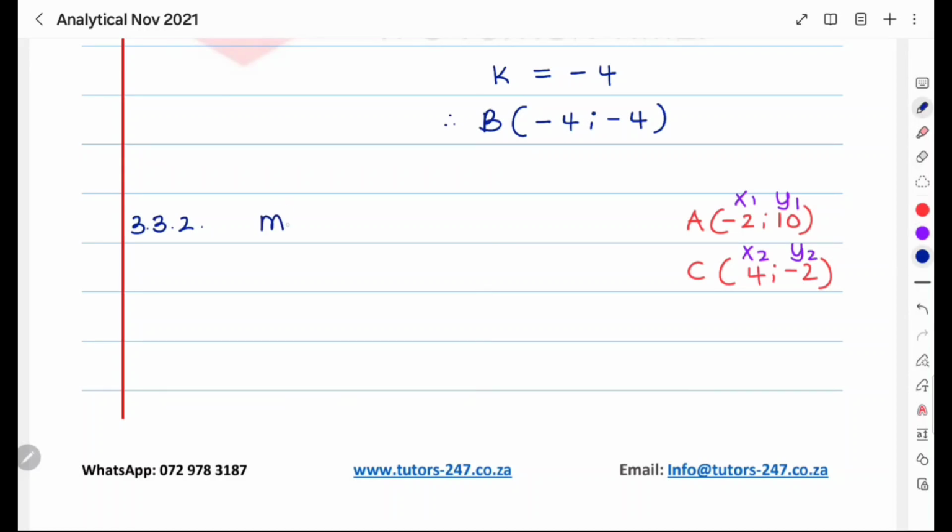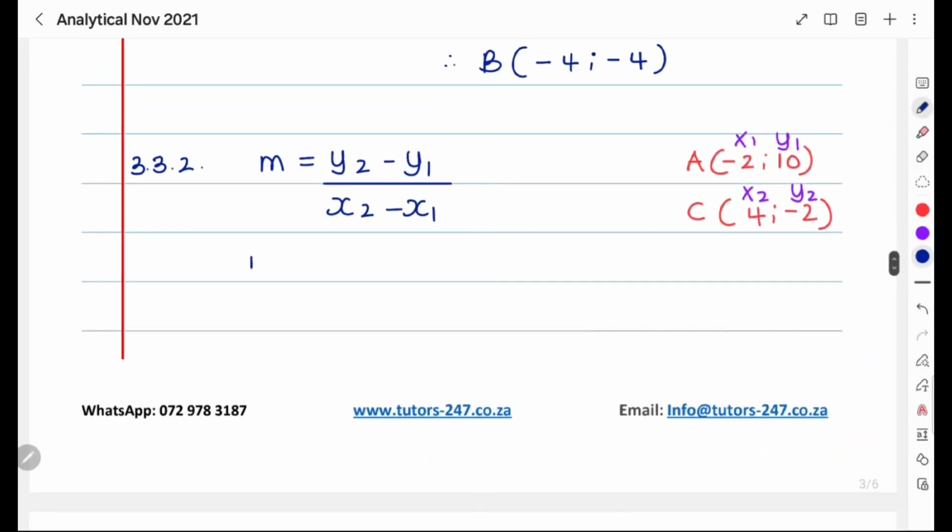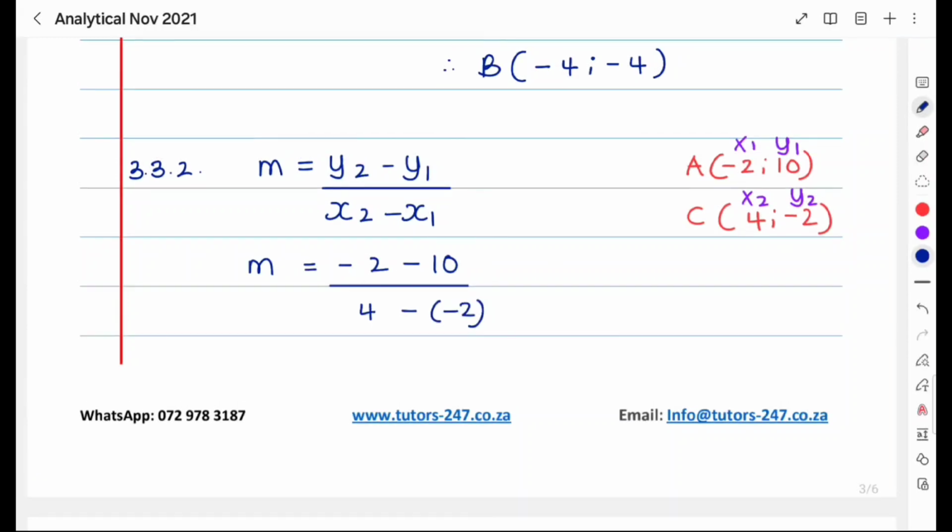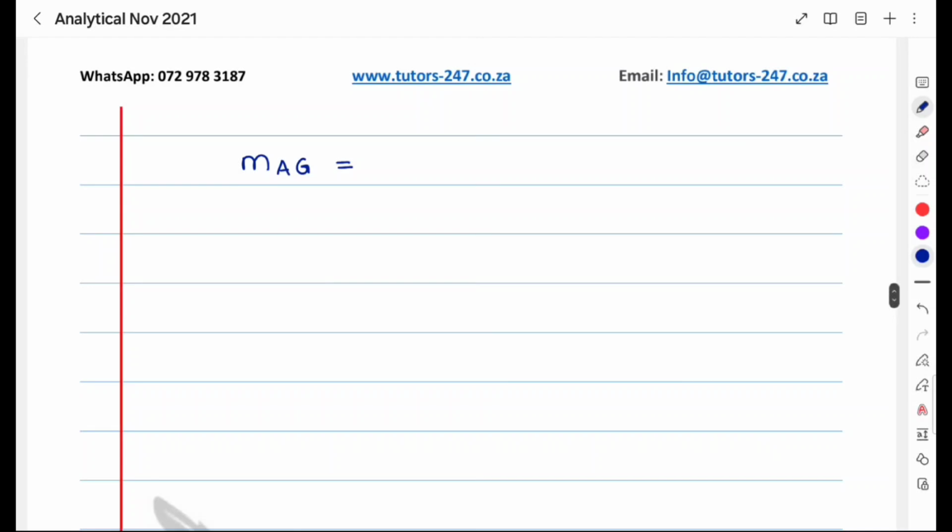So to calculate the gradient of the line AG, we are using the coordinates of A and C. Once you put this into your calculator, you'll then end up with the gradient of AG as equal to -2.